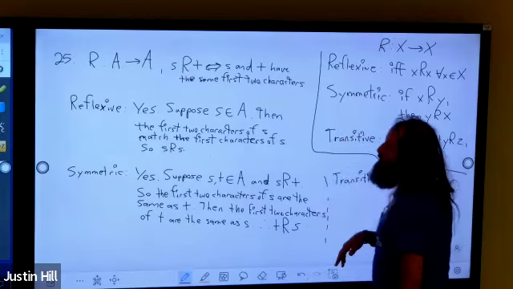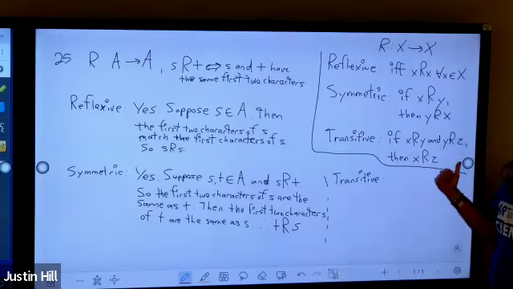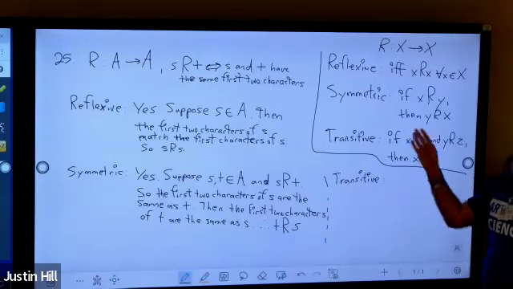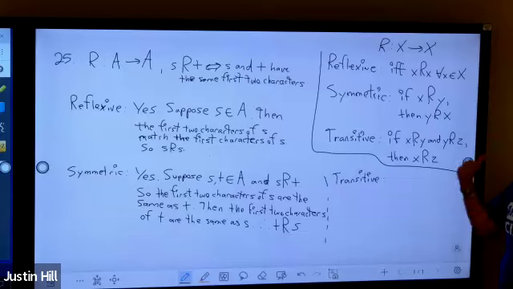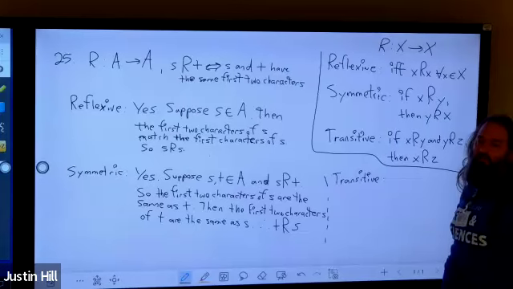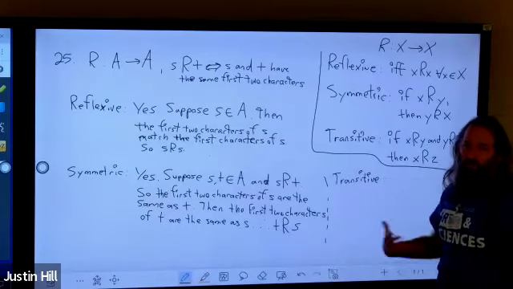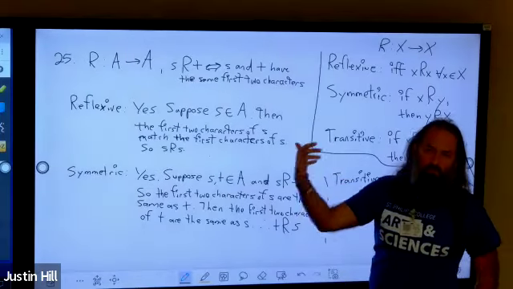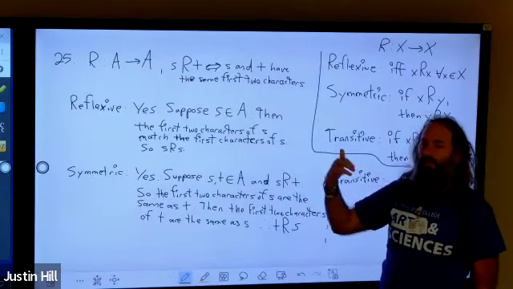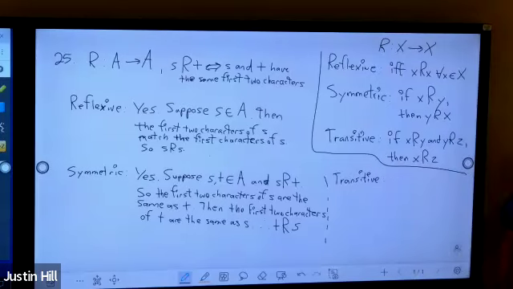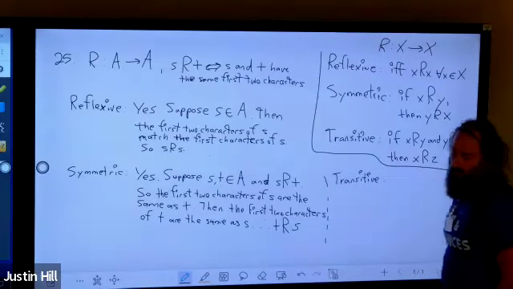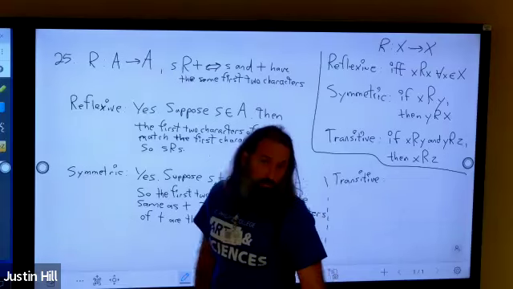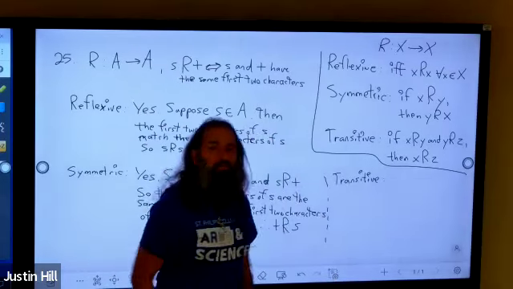In transitive, I'm thinking of three total strings. The first string has the same two characters as the second string, and the second has the same two characters as the third. So does it then make sense that the first string has the same two characters as the third? And what would you guys say? Good. So again, that actually makes sense.